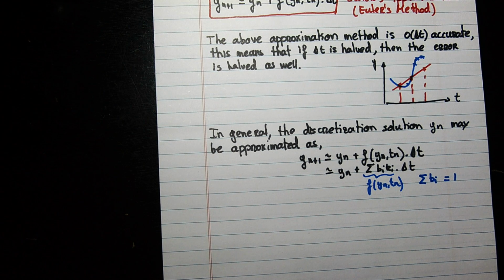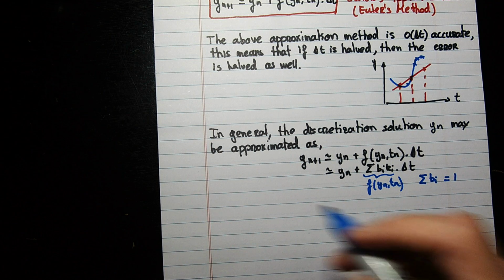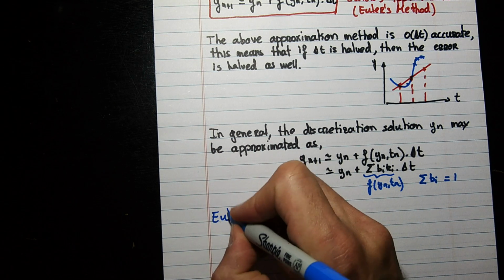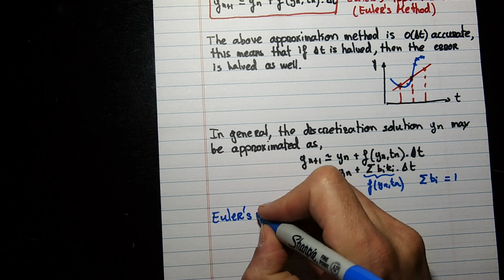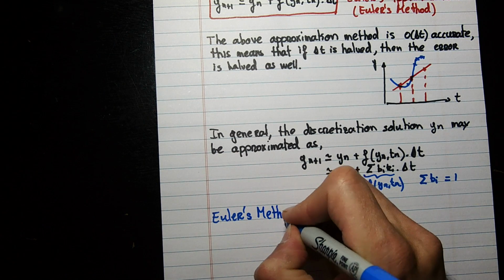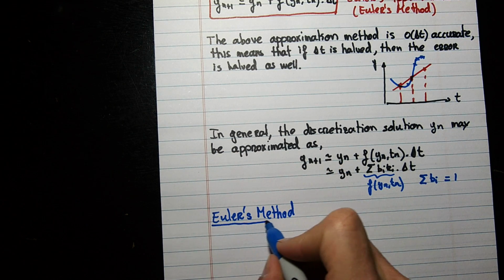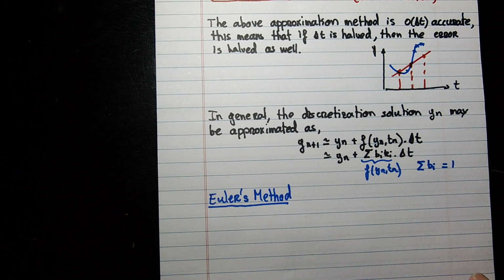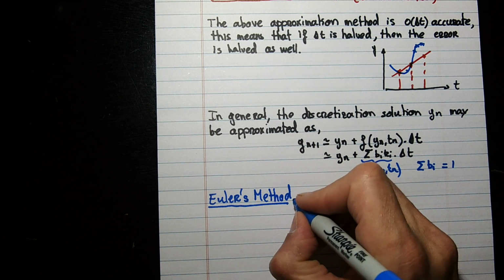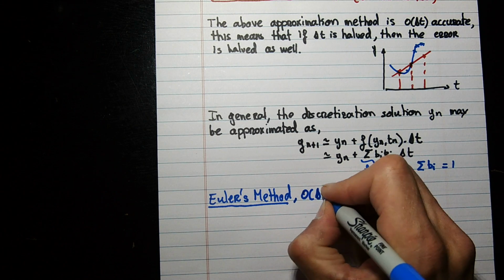So the first method we have is Euler's method. That gives us an approximation accurate to the order delta t.